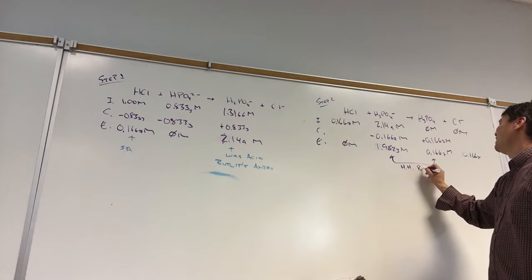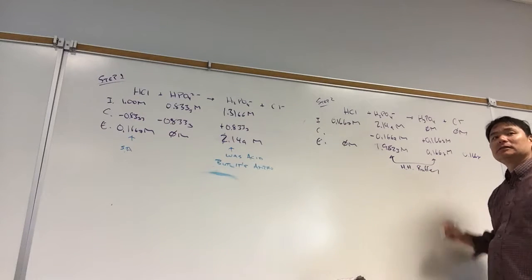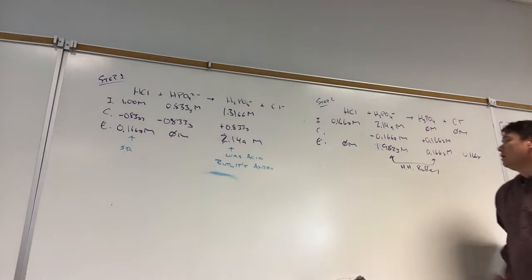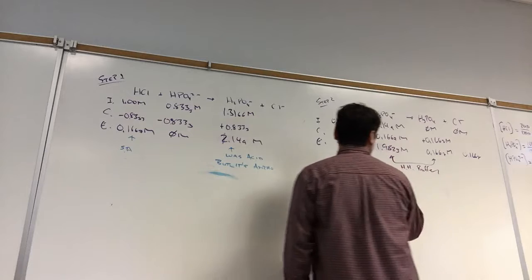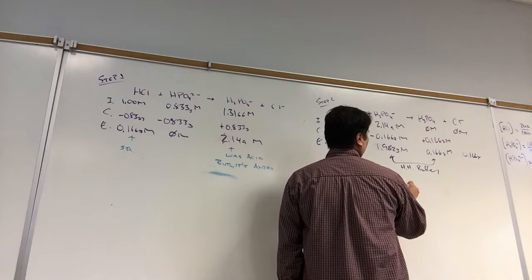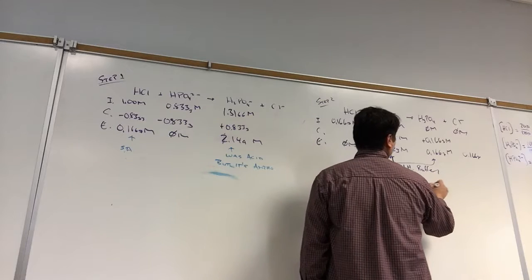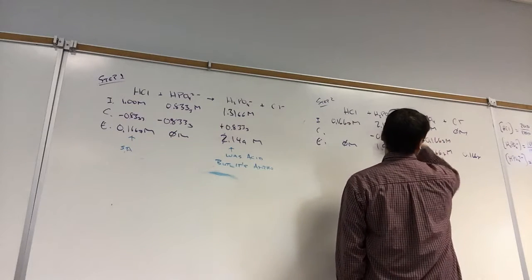But it's a different HH buffer than before. How so? Because the buffer we had before had H2PO4 minus as the acid. This buffer has H3PO4 as the acid. And so here, the pH is equal to the pKa of H3PO4 plus the log. Now the base is different.